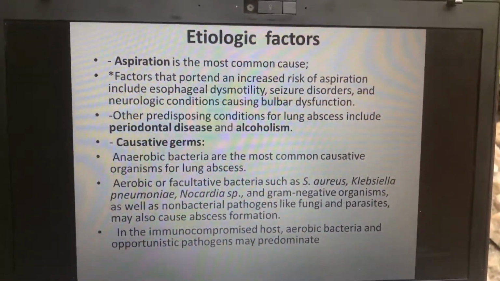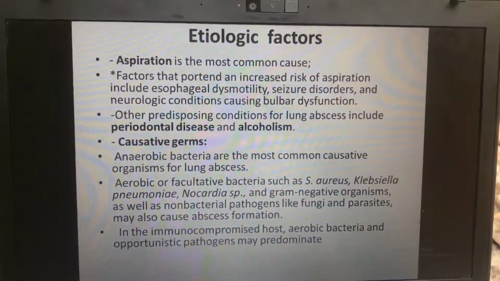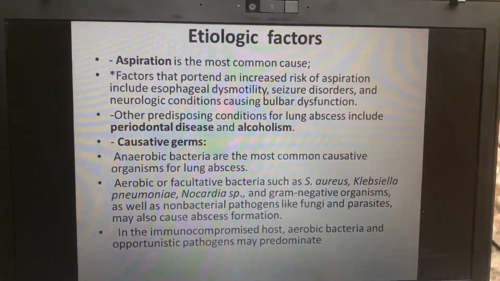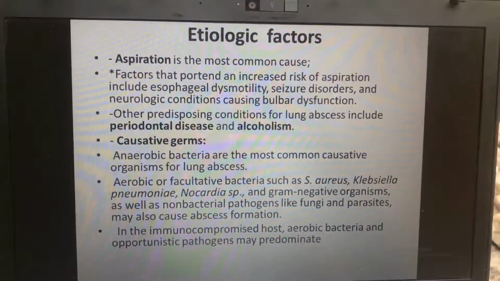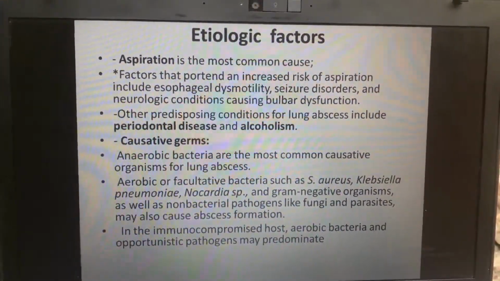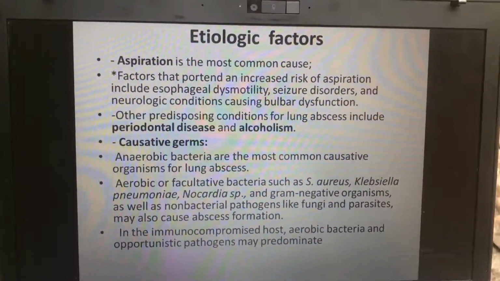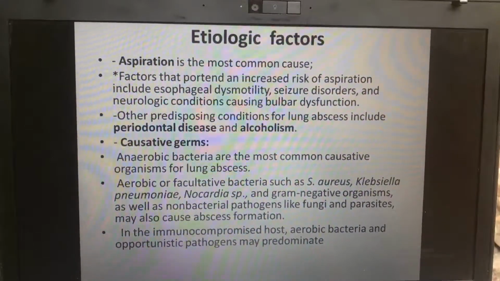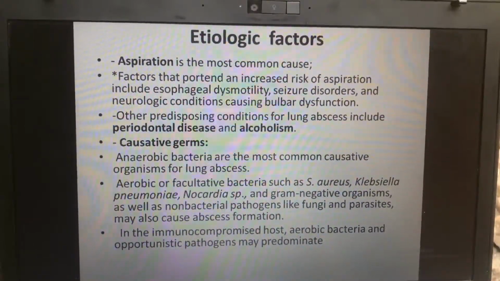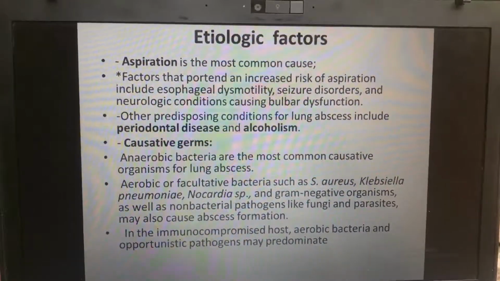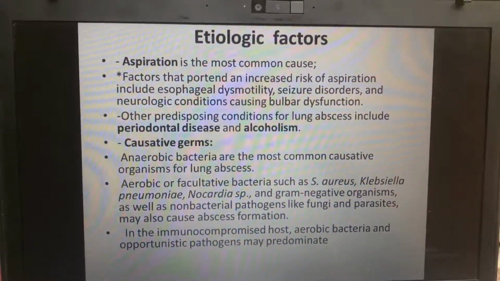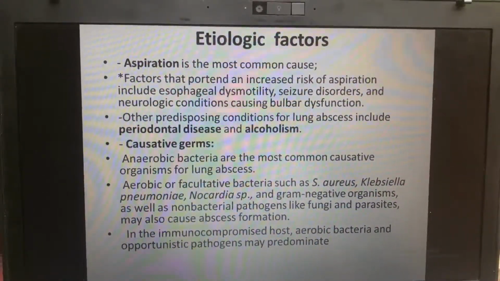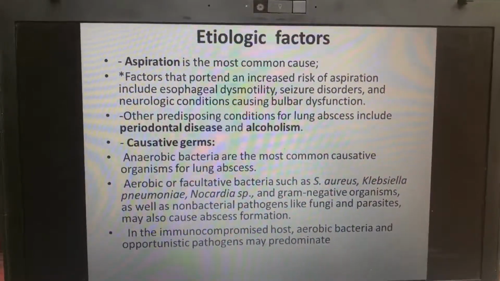Aspiration is the most common cause. Factors that portend an increased risk of aspiration include esophageal dysmotility, such as disorders and neurologic conditions causing bulbar dysfunction. Other predisposing conditions for lung abscess include periodontal disease and alcoholism.